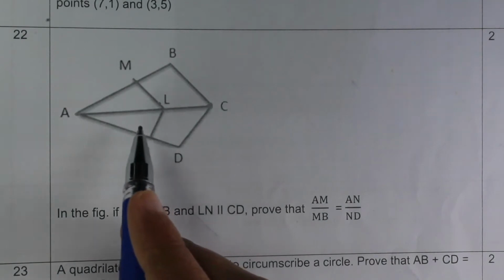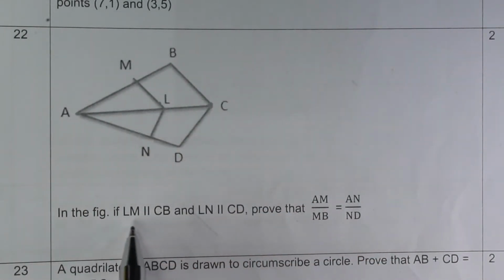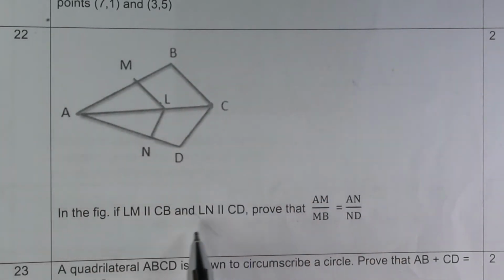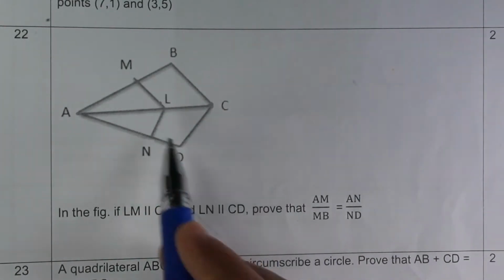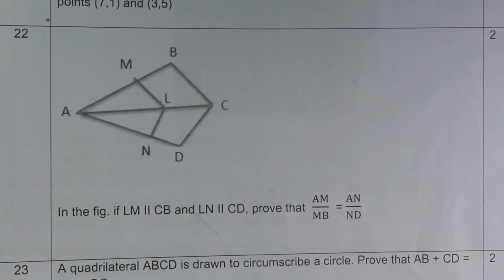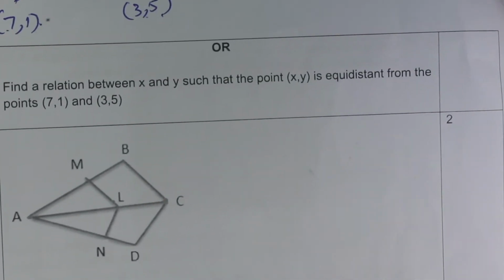Now let's look at the 22nd problem. Here he has given a diagram. In the figure, if LM is parallel to BC and LN is parallel to CD, prove that AM by MB is equal to AN by ND. So here we are going to apply basic proportionality theorem or Thales theorem.